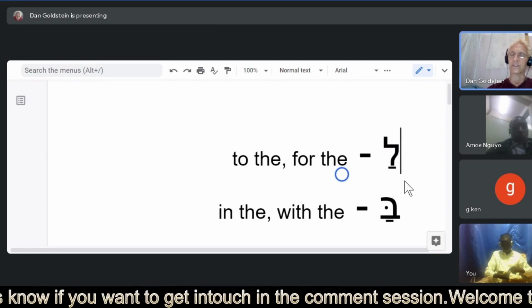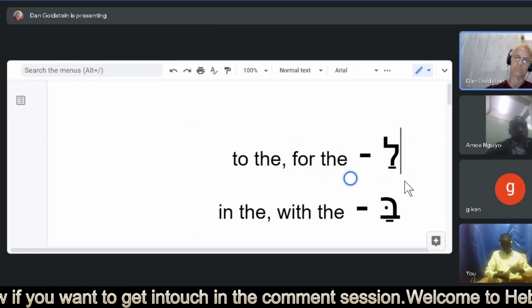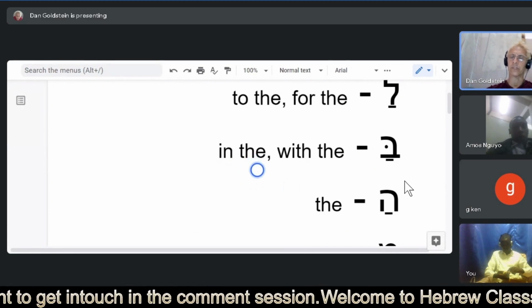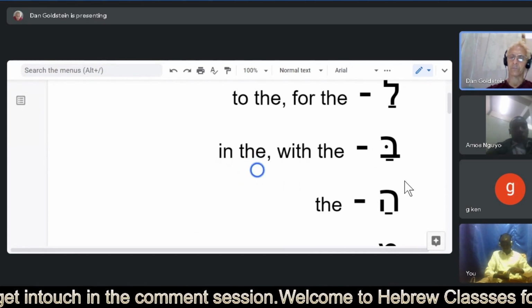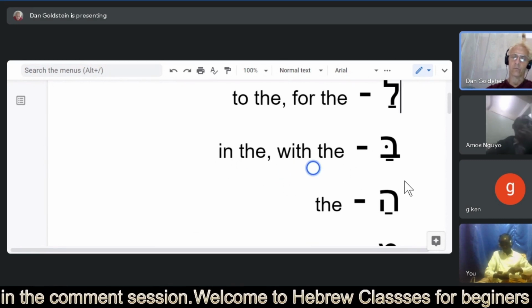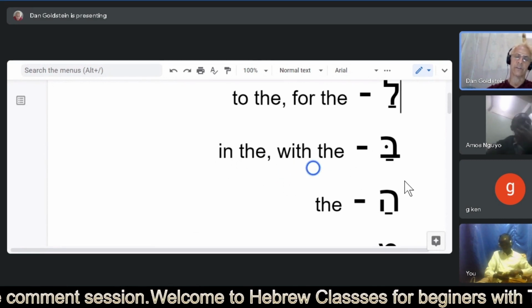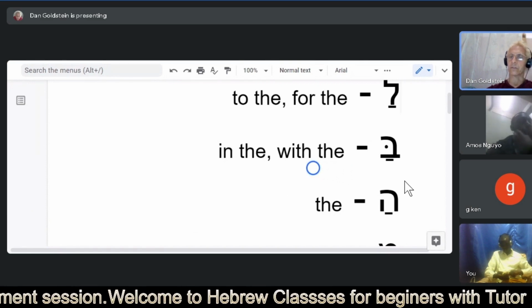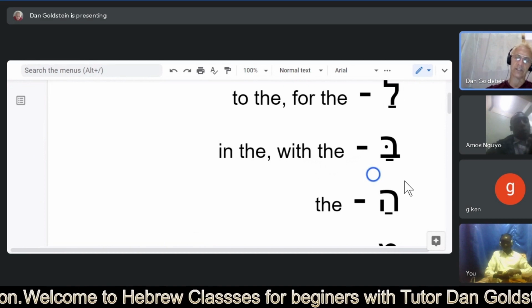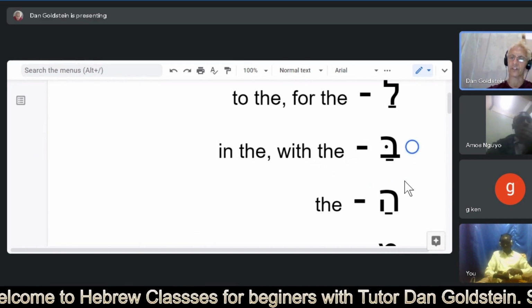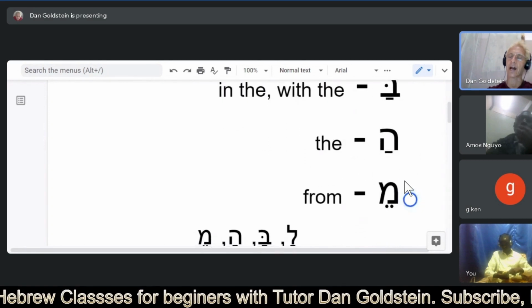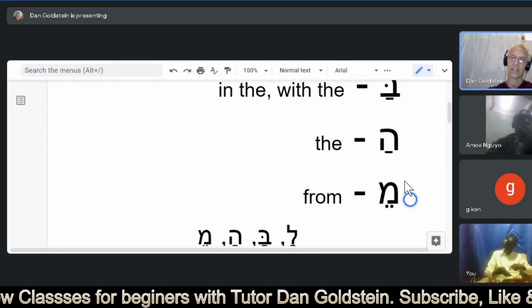In the bedroom, in the belly of the samaki, with the baby, or with the goat. We walked down the road with the goat. So these are instances of Hebrew letters which function as prepositions and are fixed to the beginning of Hebrew nouns. Ha means the, may means from.